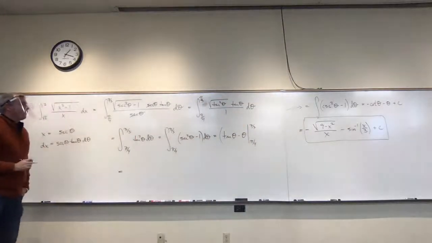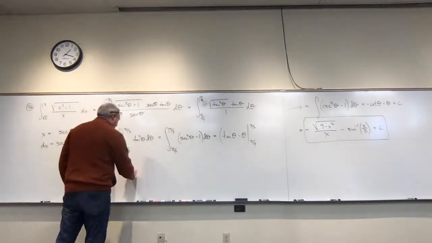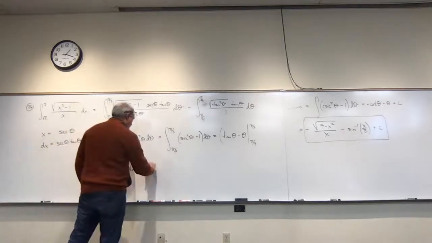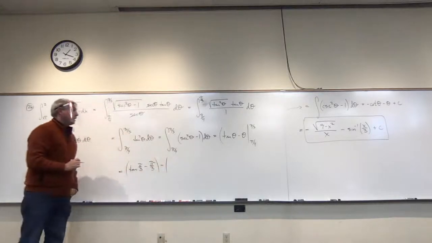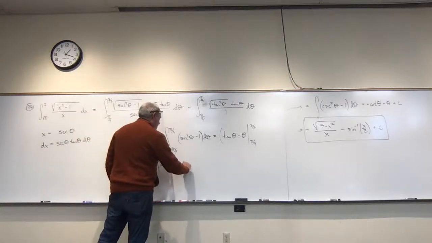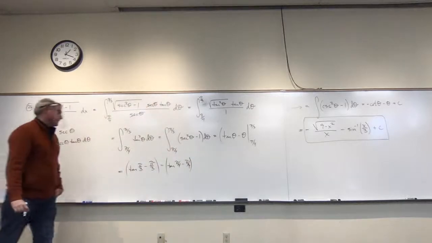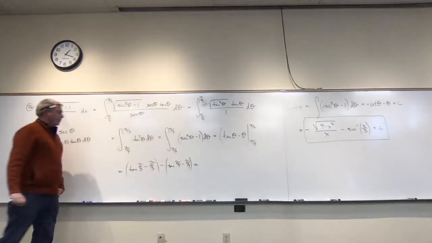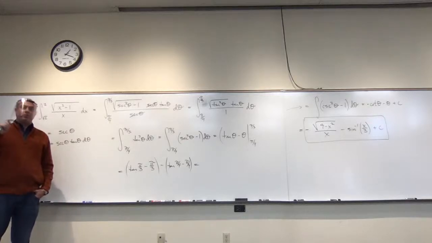Which is, if I plug in pi over 3, I get tan of pi over 3. We can think about that in just a second. Minus pi over 3, minus tan of pi over 4, minus pi over 4. Okay. So what is everything here? First of all, what's tangent of pi over 3? That's sine of pi over 3 divided by cosine of pi over 3.